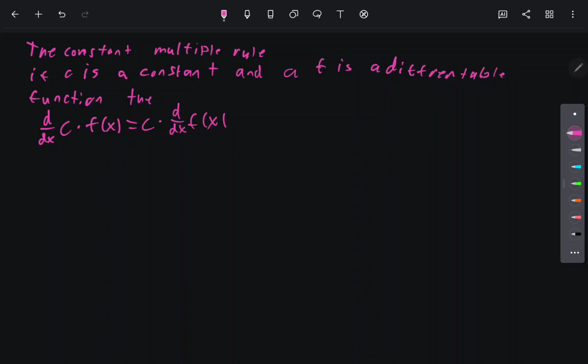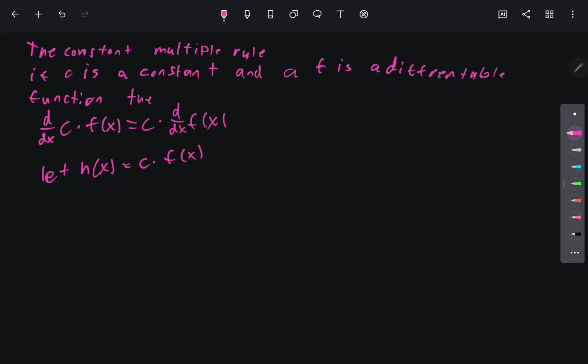So we're going to use a small bit of a limit rule here. So we want to let h of x be equal to c times f of x. Alright.